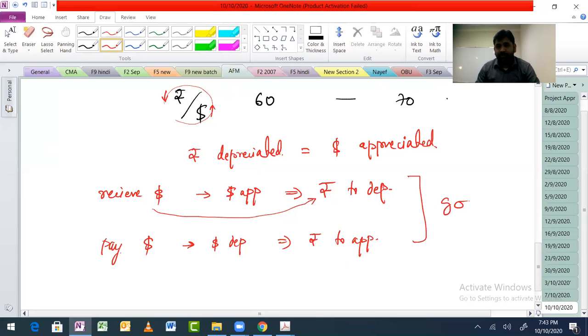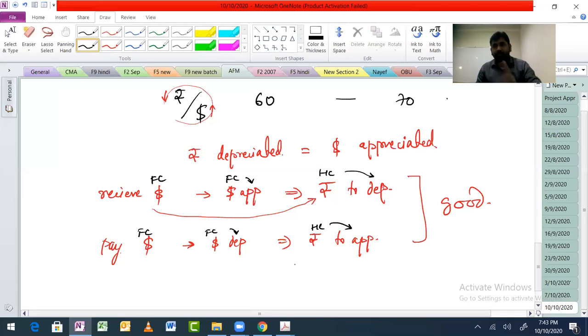If you have to receive foreign currency, what do you want? You want foreign currency to appreciate, you want home currency to depreciate. Similarly, if you have to pay foreign currency, you want foreign currency to depreciate and you want your home currency to appreciate.